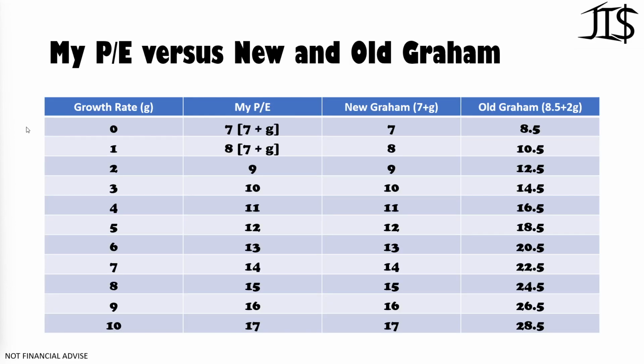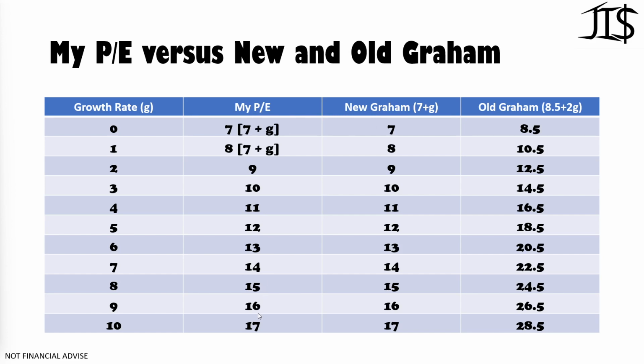So my PE values compared to the PE values that you can calculate from the formulas of the new and the old Graham are, for 0 up to 10% of growth rate, completely the same as the new formula of Graham.